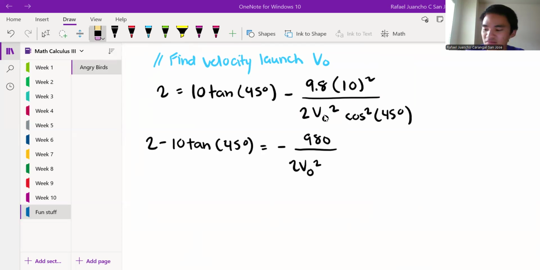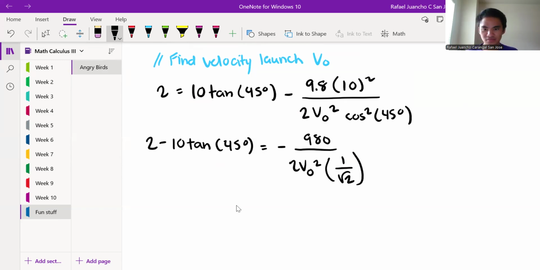It gives like 0.707, which is 1 over square root of 2. So at least we got a fixed number here. So this is 1 over square root 2. Okay, now we can just keep solving.